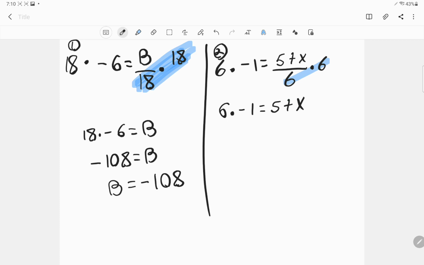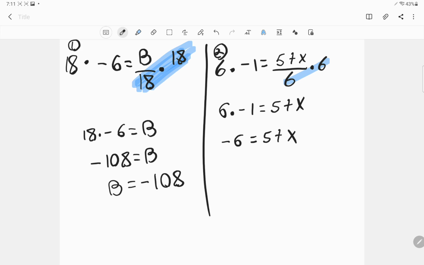You see how much nicer it looks at this point? Make sure you get rid of the fractions whenever you can. In this case, we were able to get rid of a fraction right away, so I got rid of it. At this point, I'm going to multiply 6 by -1, which gives me -6 is equal to 5 plus x.